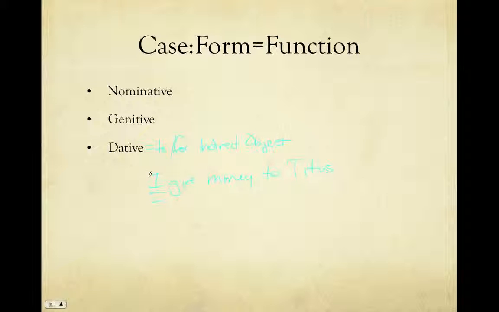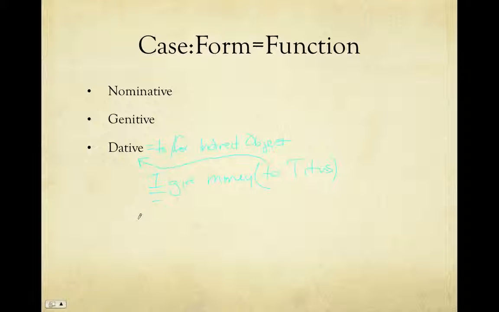I am the subject. I'm the nominative. Money is the thing that's being given. And to Titus is the indirect object. Titus is going to be in the dative case. I give money to Titus.